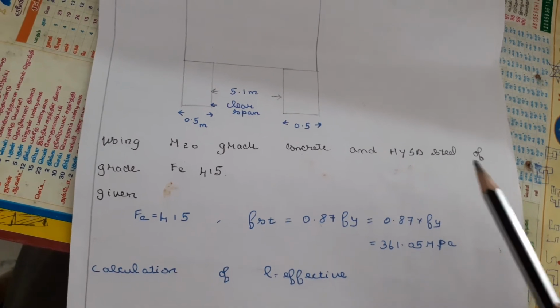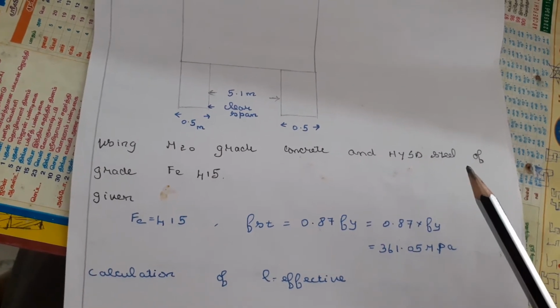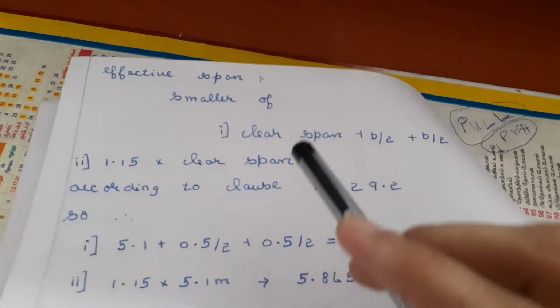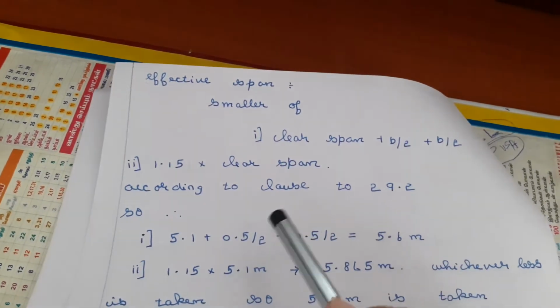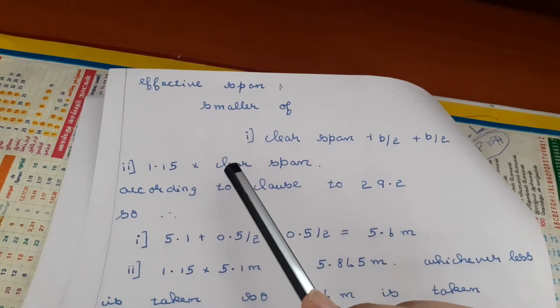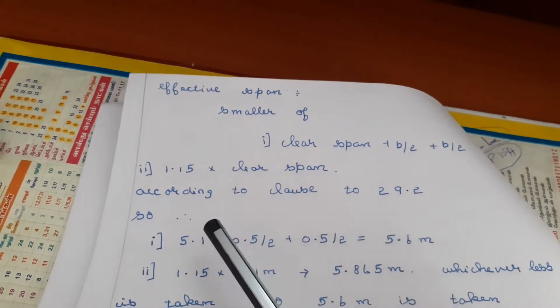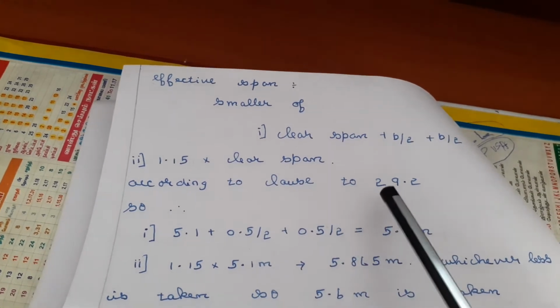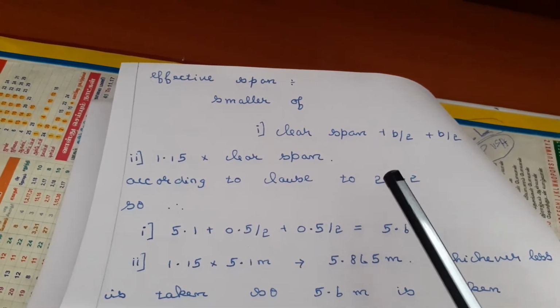Now we need to calculate the effective length. What is meant by effective length and how to calculate it, we are going to see here. For effective span, the smaller of these two needs to be considered according to clause 29.2 of IS 456.